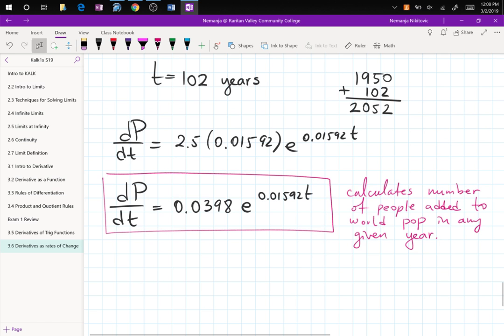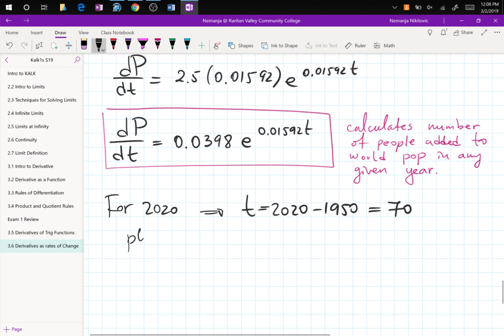So are you interested in how many people we are going to add this year or next year? Let's do next year. It's easier to do the subtraction. It's 2020. So for 2020, we have t equals 2020 minus 1950 to give us 70.